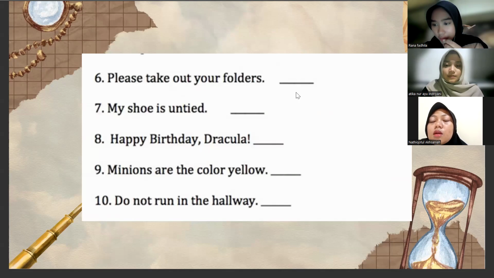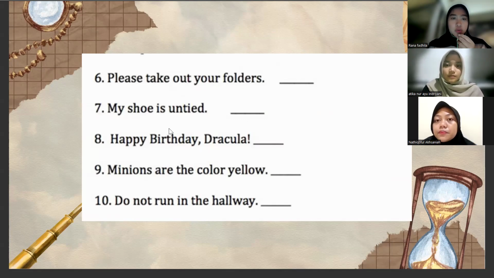And number 6: please take out your folders. It is an imperative sentence because it makes a request. And number 7, my shoe is untied, is a declarative sentence because it contains a subject and a predicate. And number 8: happy birthday Dracula! It is an exclamatory sentence because we know that at the end of the sentence there is an exclamation mark.